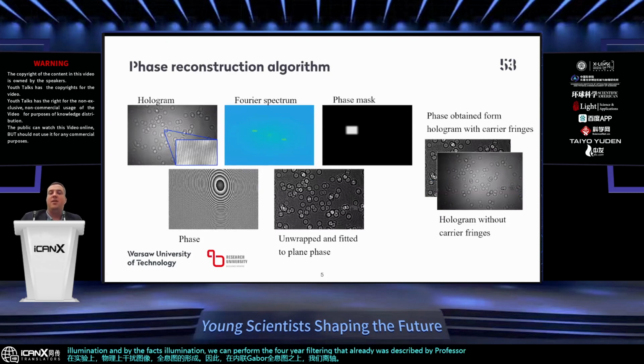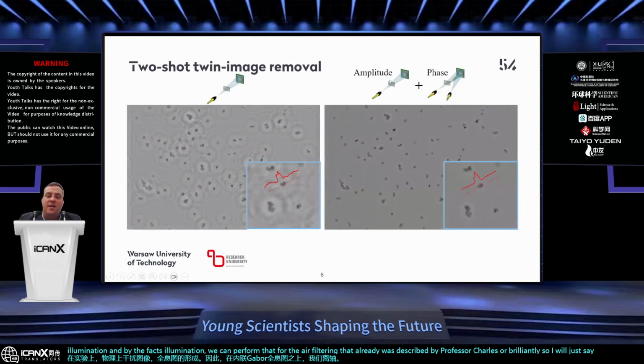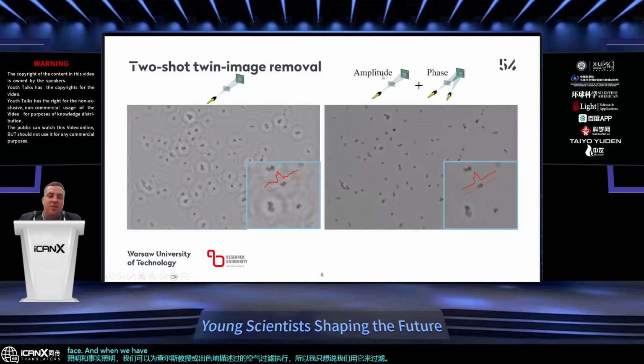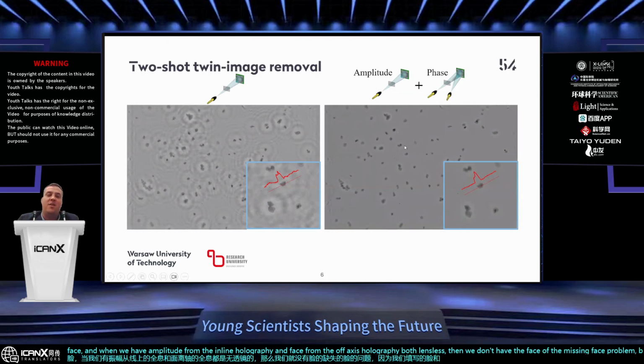So I will just say that we use this Fourier filtering to get the phase, and when we have amplitude from the inline holography and phase from the off-axis holography, both lensless, then we don't have the missing phase problem because we fill in the phase, and that's why the twin image is removed, and you can compare the removal of the twin image.